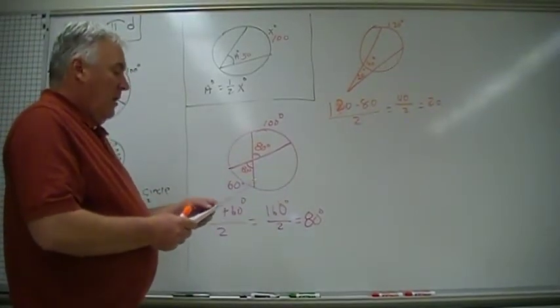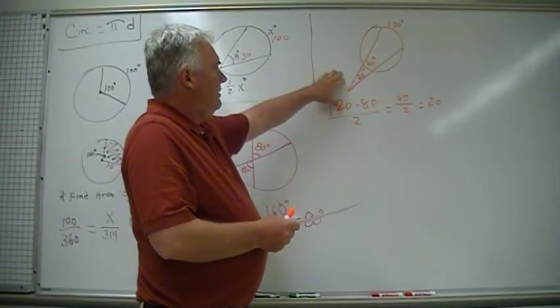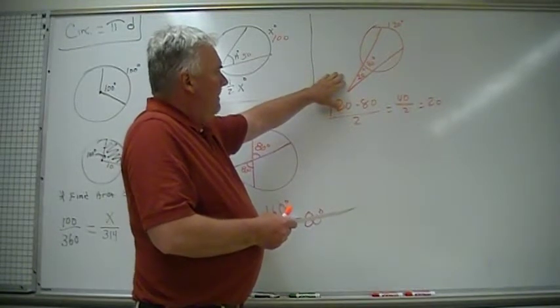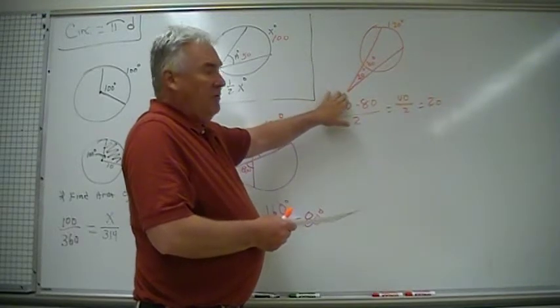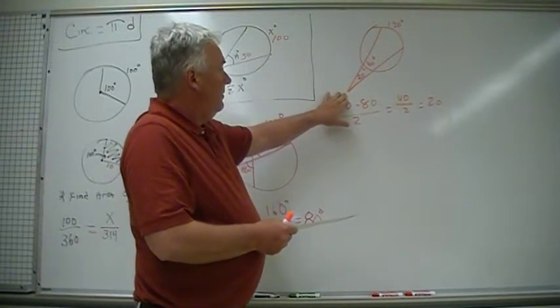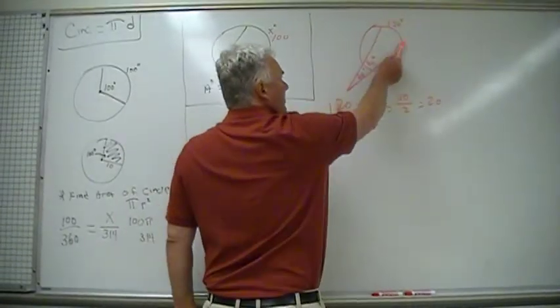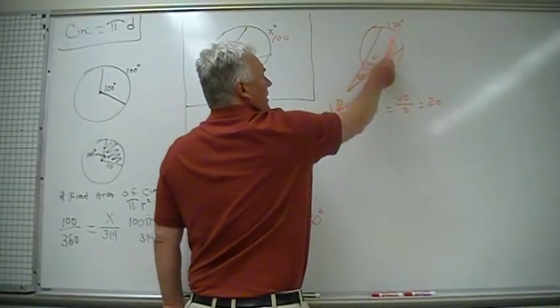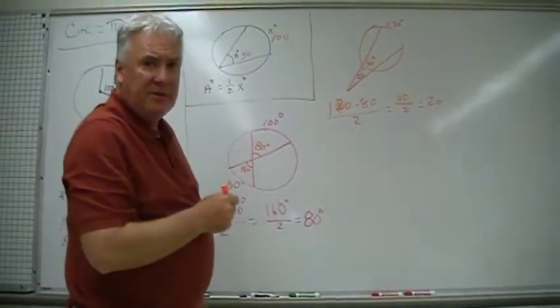Next, when we have either a tangent or a secant, when they meet outside the circle, the relationship is that the measure of this arc and the measure of this arc, you'll subtract them. Find the difference.